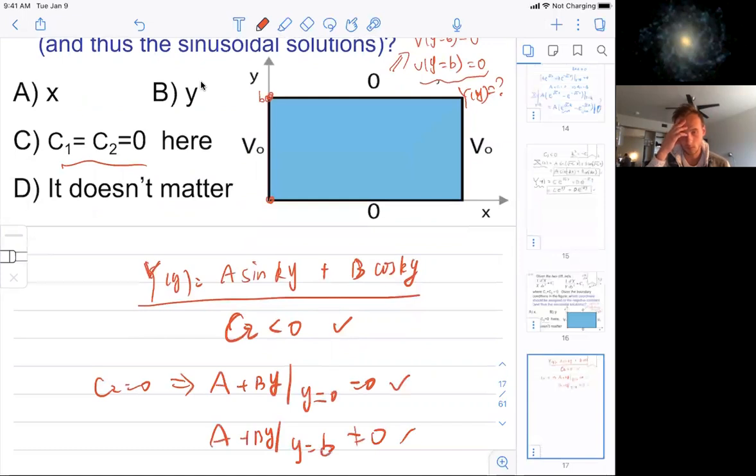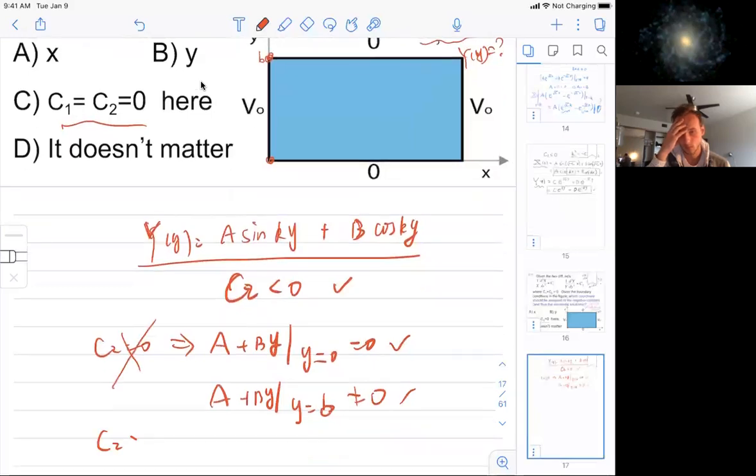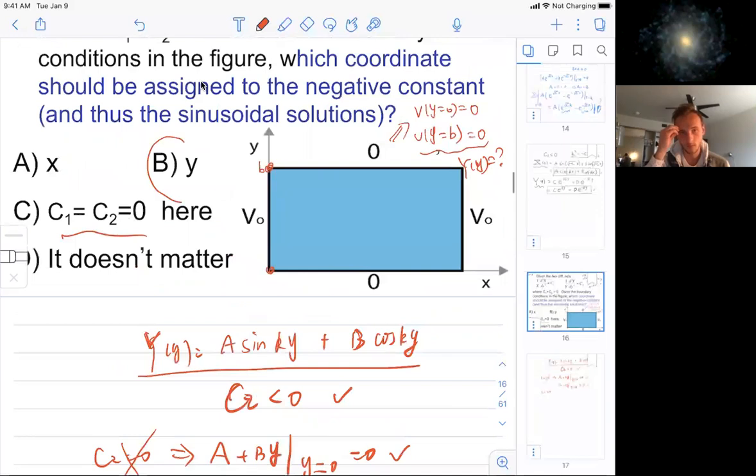Okay. So C2 equals 0 won't work. If C2 is larger than 0, it will not work either. It's just the same process we went through. So, okay, we figured out y. This is y, right? Then the other side, x, must have C1 positive. So x will actually have the e to the power of x plus e to the power of negative x format. So that's what we do.